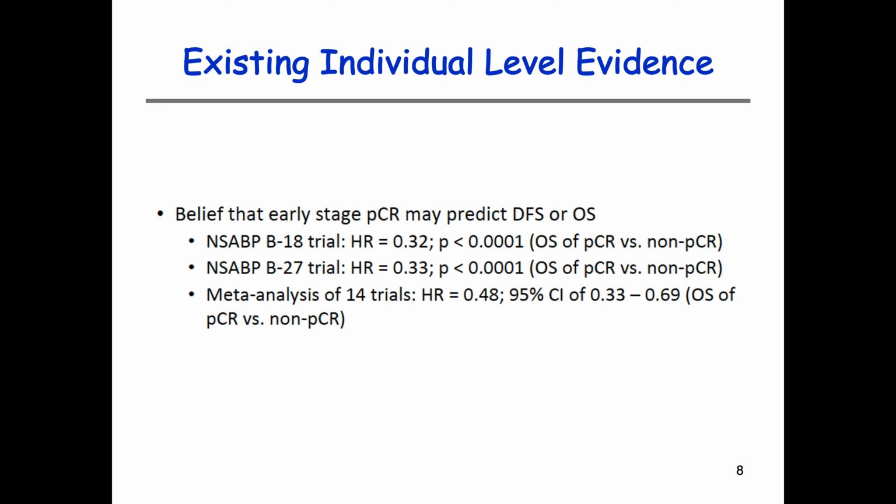Then a meta-analysis of 14 trials was done where there was a hazard ratio of 0.48, again, showing very good advantages to achieving a PCR as a prognostic of OS.